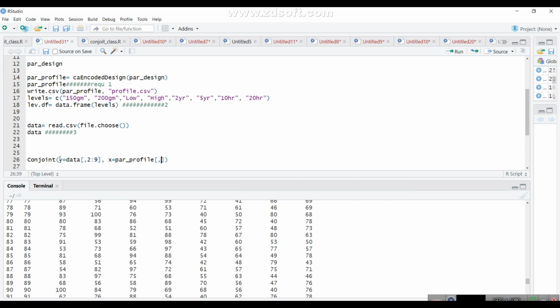My profiles are from the first column to the fourth column. There are 4 attributes, so 4 columns. Then z is equal to left.df, this data frame which contains all the levels.